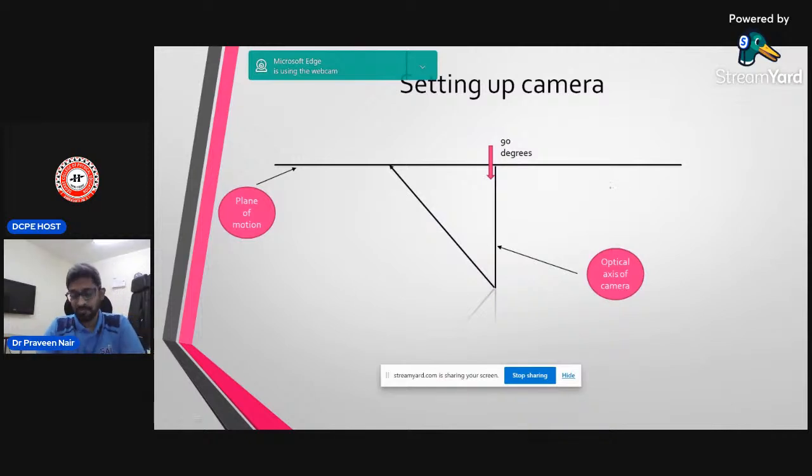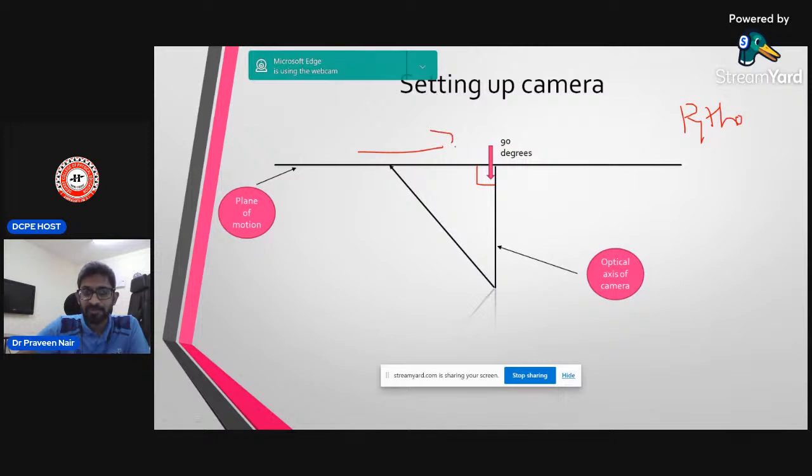And how to set up a camera? As I said, if you are analyzing a side view, a simple Pythagoras theorem is followed to make sure that the optical axis is perpendicular to the plane of motion. Suppose this is the plane of motion.